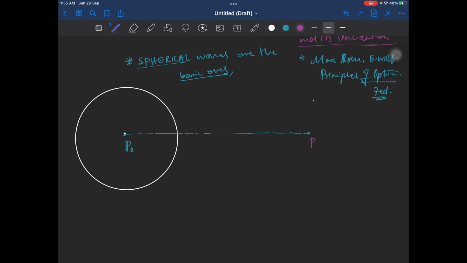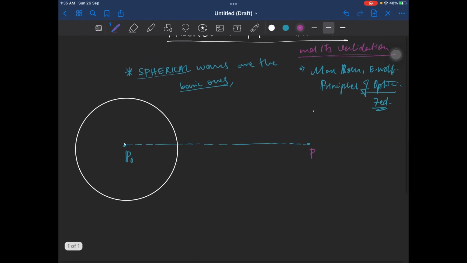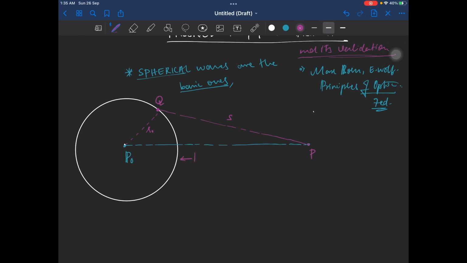So we have some points, right? Let's consider this point Q. So say this is R0 and this is S, this is B. Again, I'm just going on with the notation given in the book.